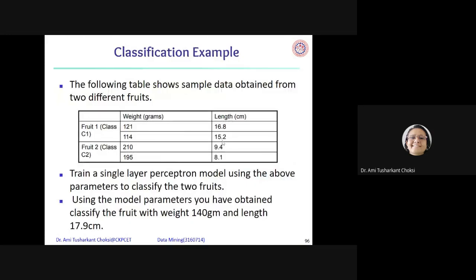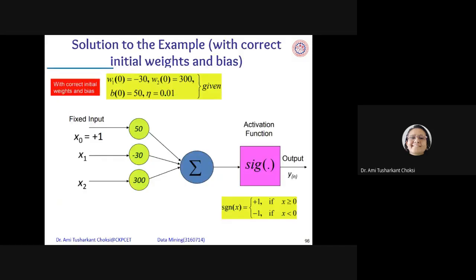Okay, now for that what we do is, we are giving 121 as weight, 16.8 as length, and the desired output of this is class 1. So it should be plus 1 as the output, right? Same way we are training with the second data, third data, fourth data. Fine? Okay. Let's see that.